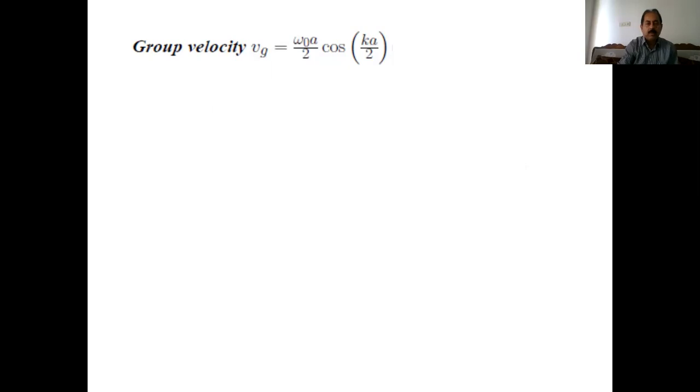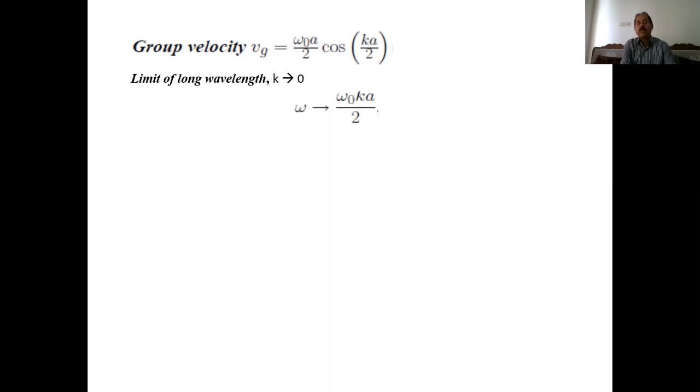So let's see one example where we take an extreme case: if we talk about k equal to 0. Now, what is the meaning of k equal to 0? k equal to 0 means lambda will be infinity.